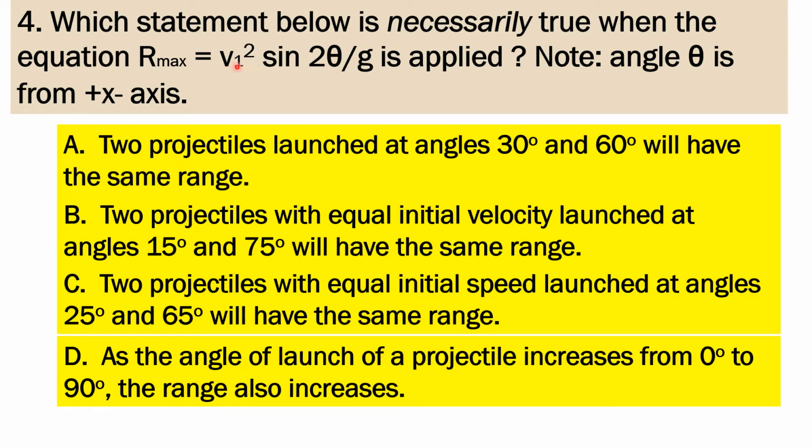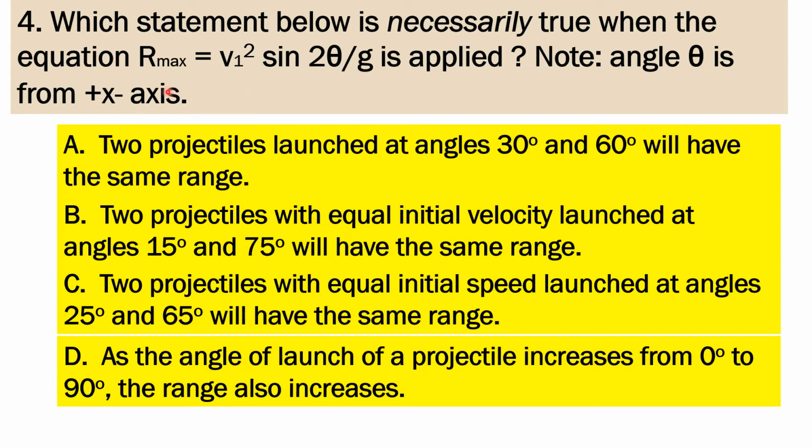V initial is the actual initial velocity, then you square it. We are not talking about the x component of the velocity, but this is the actual velocity that makes an angle theta above the horizontal.